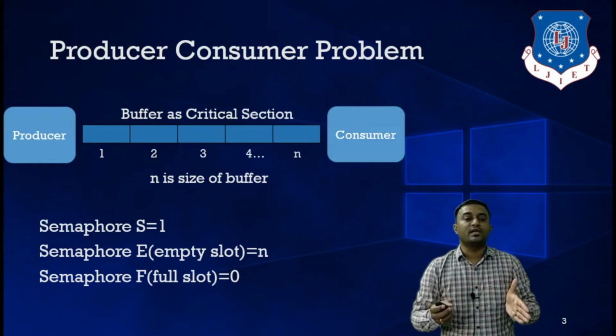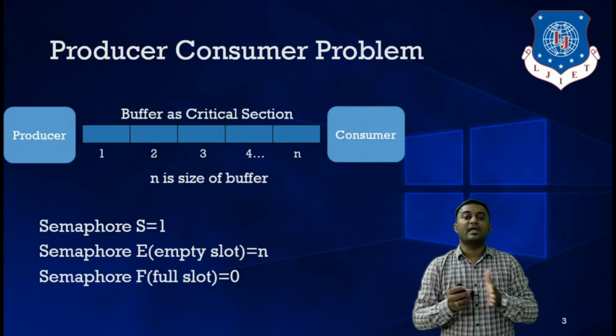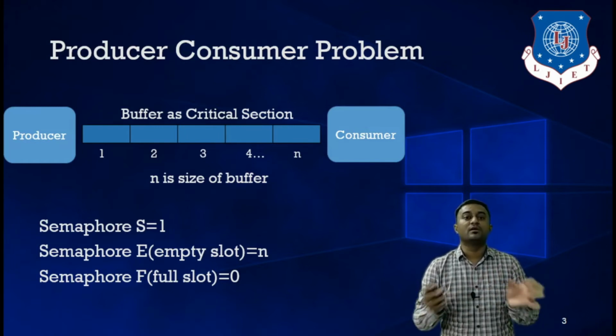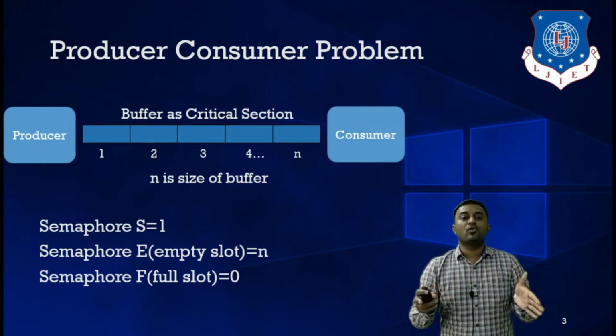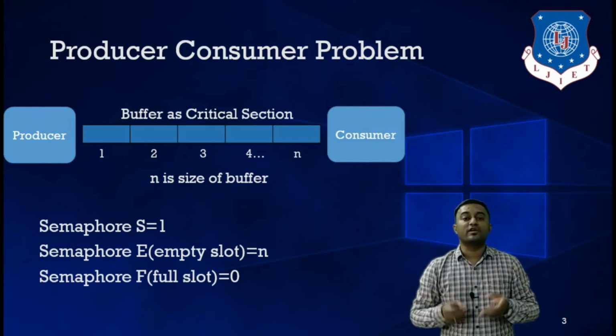Initially, the value of E, the empty slots, is n, because at the initial position the buffer is empty. And initially the value of semaphore F is 0, which means there is no element in the buffer, so definitely the full slots are 0.